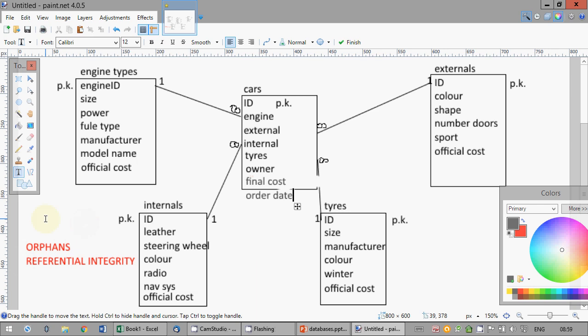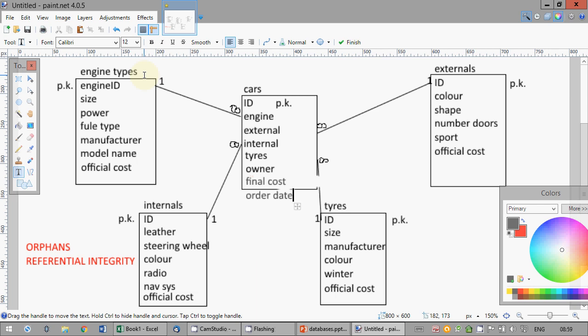So an orphan is a record containing a foreign key which refers to a primary key that doesn't exist anymore.